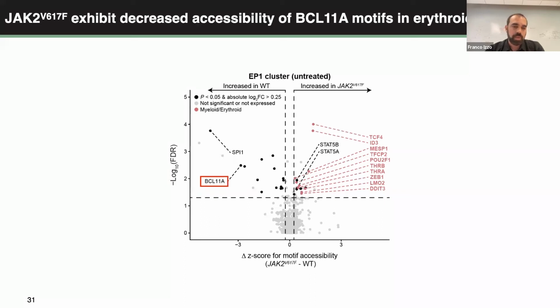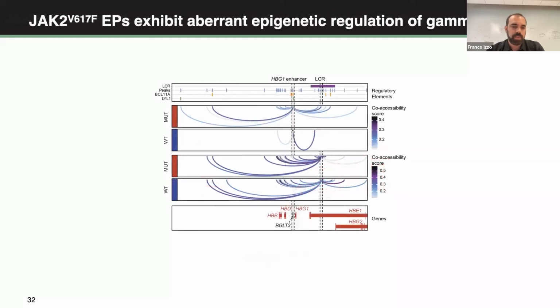So another feature that we can interrogate with single-cell ATAC is the co-accessibility of different regulatory regions. So here we looked into the HBG1 enhancer site, and we show that it actually shows increased co-accessibility in the mutant cells, thus probably indicating an increase of the HBG1 gene itself.